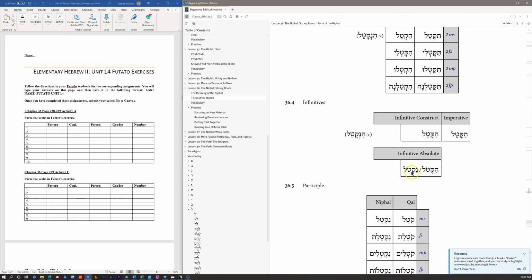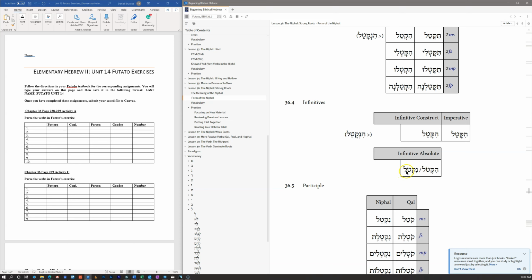The problem now is, do you have an infinitive absolute of katal, a Niphal infinitive absolute, or do you simply have a cal imperfect 1CP form? Well, the way you're going to tell is the infinitive absolute is never going to be on its own. It's going to be with some other verb form.